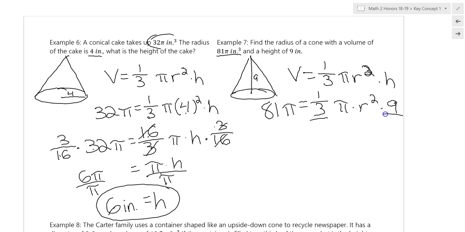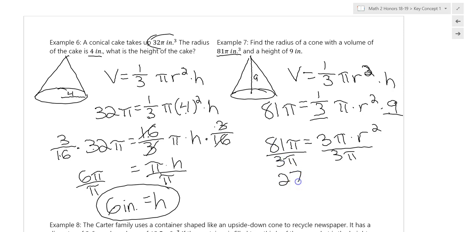I'm going to multiply these together. One third times 9 is 3 pi. Divide by 3 pi. 81 divided by 3 is 27. My pi's cancel out.